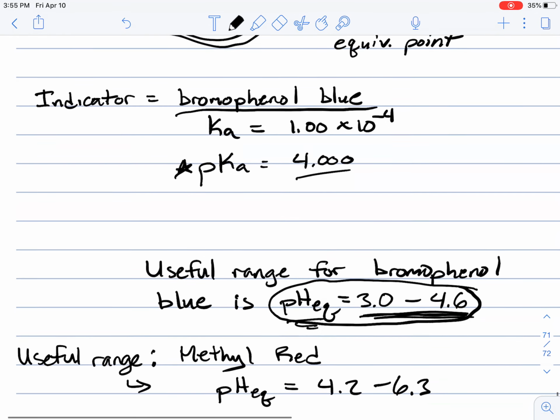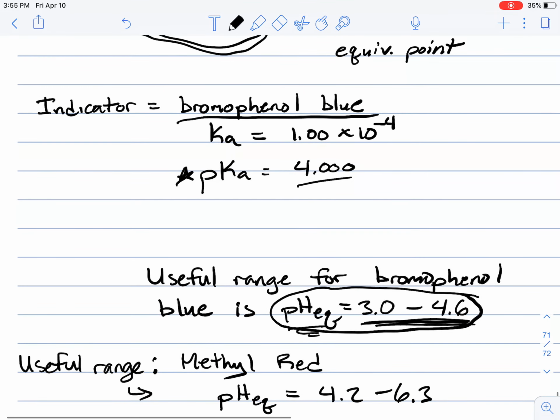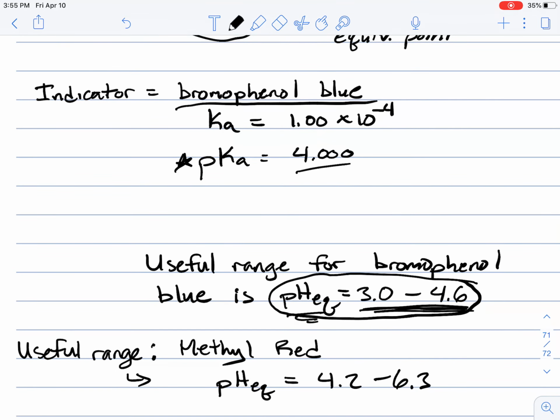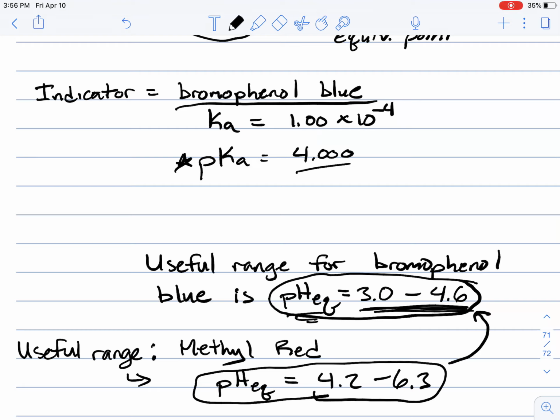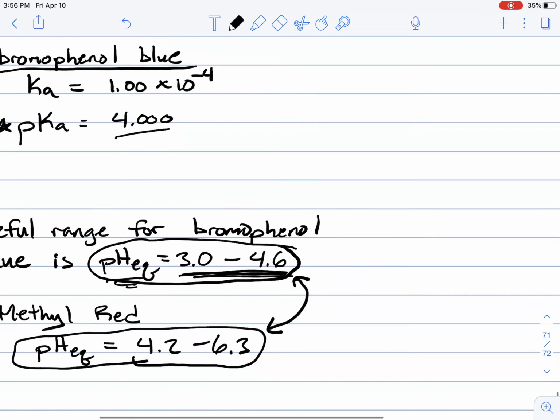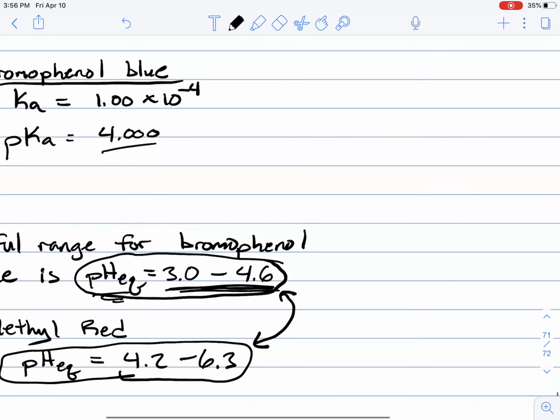Now, another indicator is methyl red, and the useful range of methyl red is 4.2 to 6.3. Okay. Now, if you look at both of these ranges, notice that the pH at the equivalence point is less than 7.